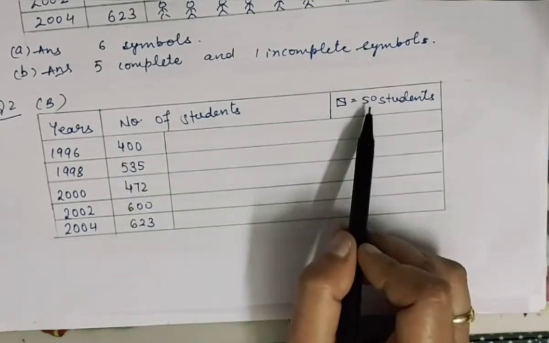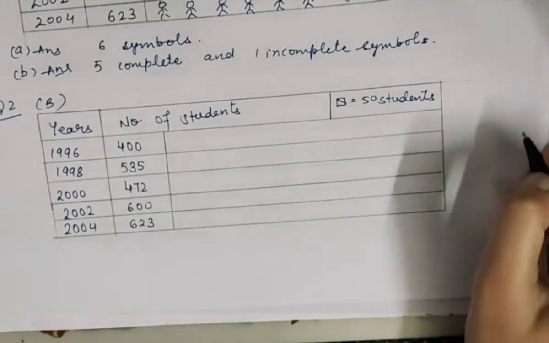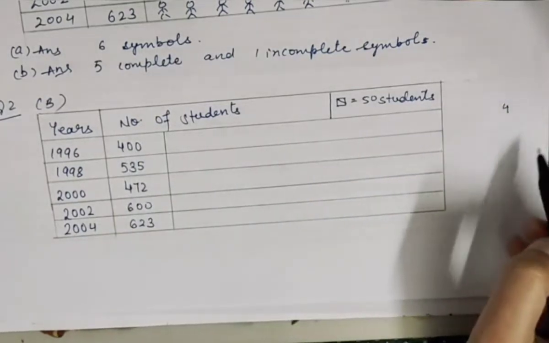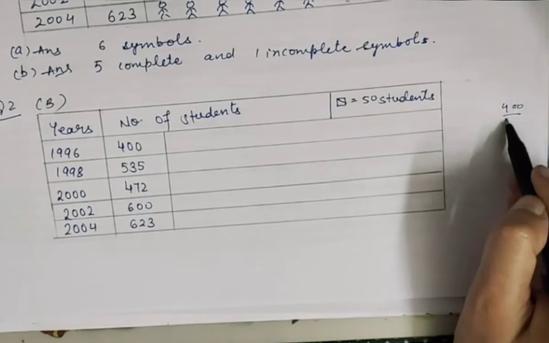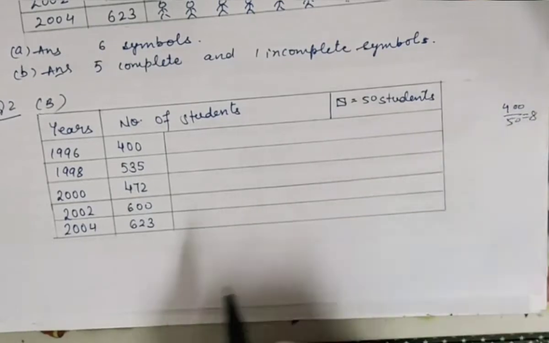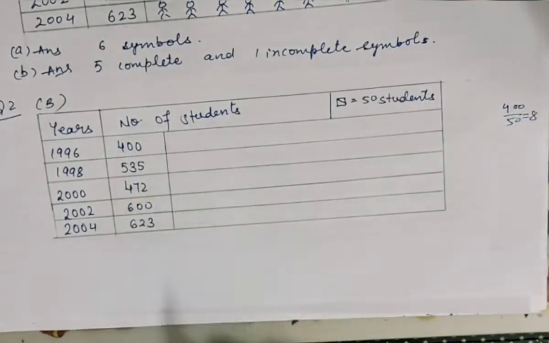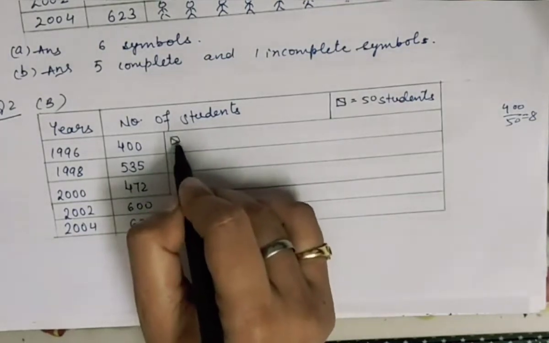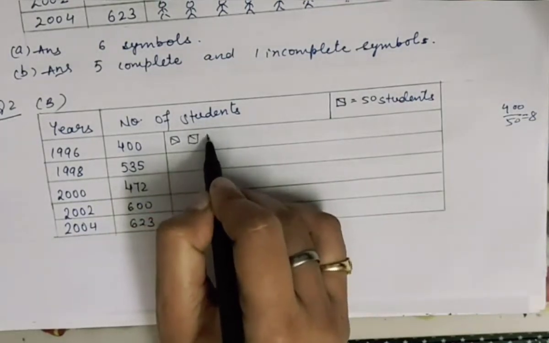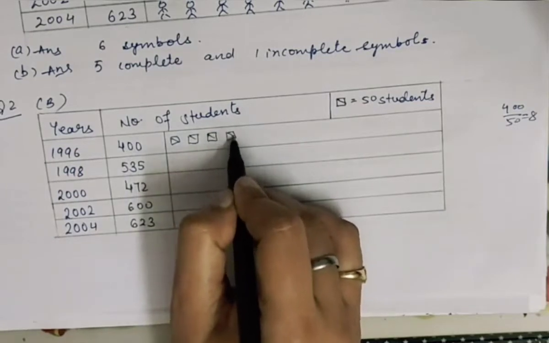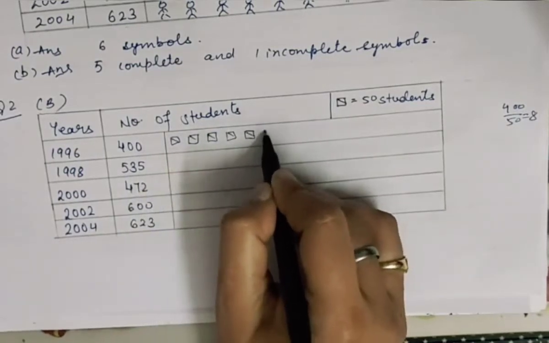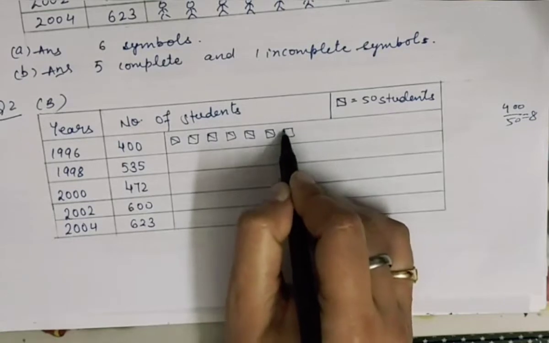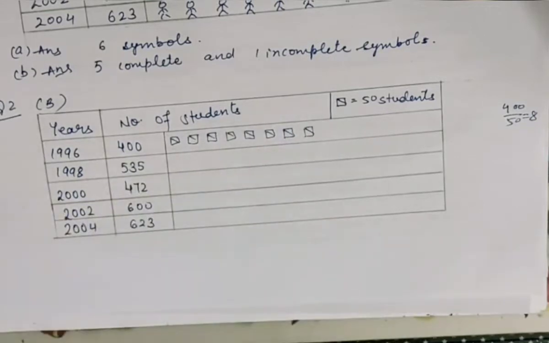I'm doing it on the rough side, 400 divided by 50, the answer will be 8. So it means we need to draw 8 symbols. Okay, so I am drawing the 8 symbols like this: 1, 2, 3, 4, 5, 6, 7 and 8. So in this way we can draw the symbols.